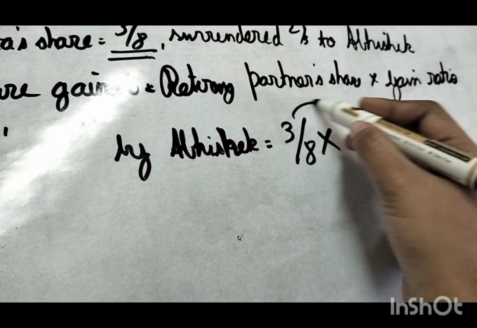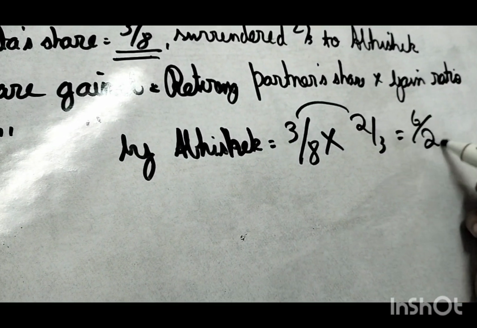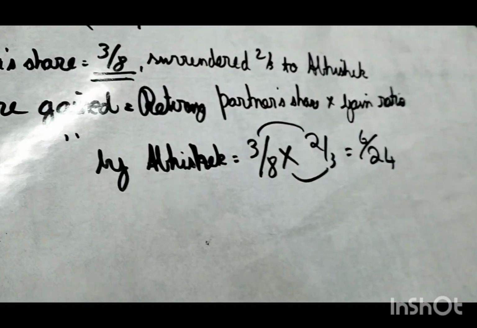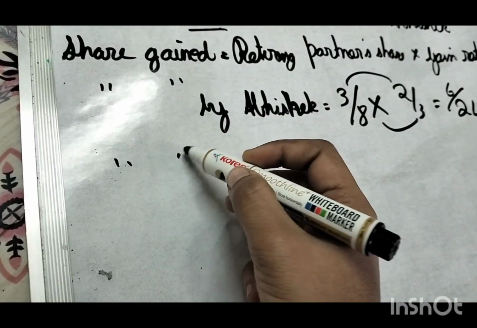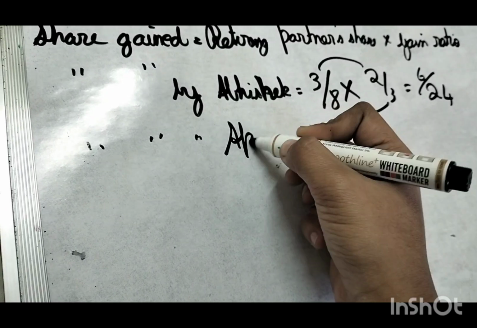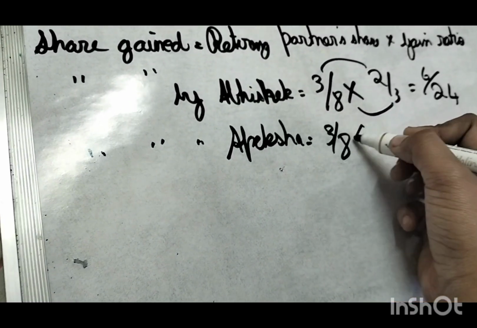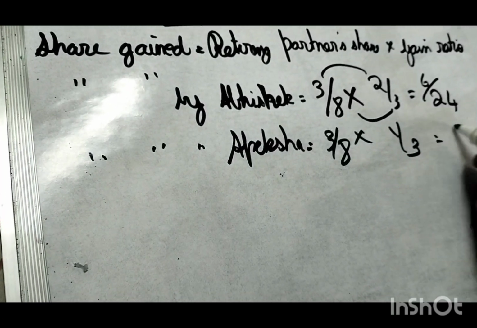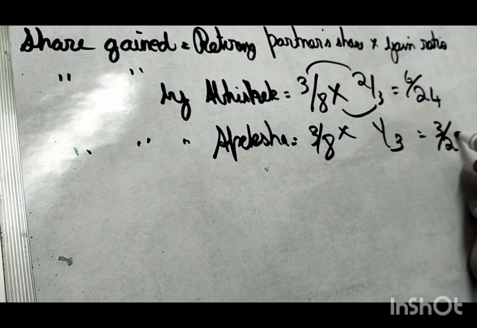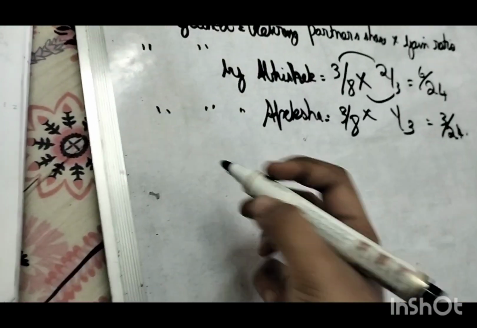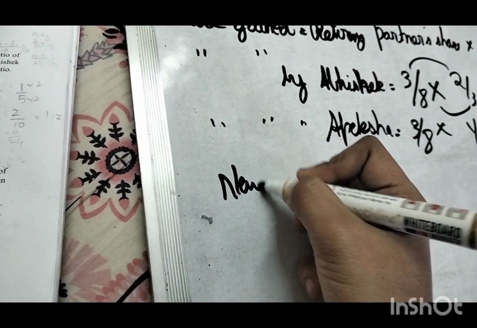You can directly multiply: 6 by 24, since 8 3s are 24, 3 2s are 6. Next is share gained by Apeksha, 3 by 8 into 1 by 3, which is 3 by 24.